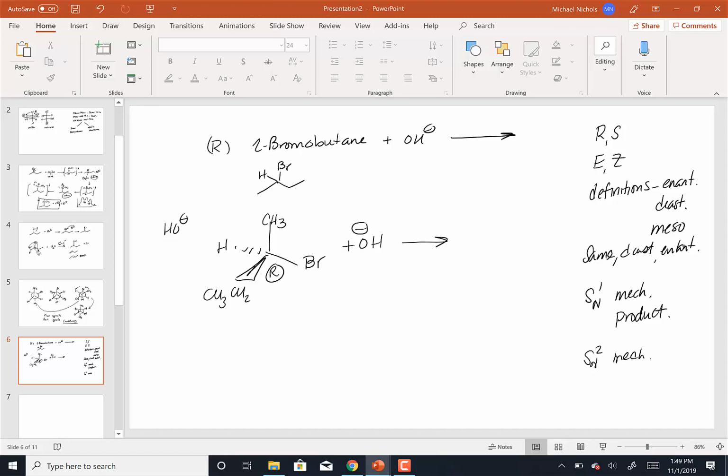We've got mechanisms and products. And then we should probably know what makes a good or poor leaving group, and what makes a good or poor nucleophile.